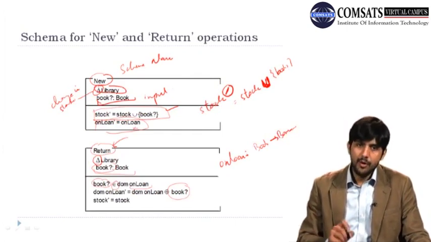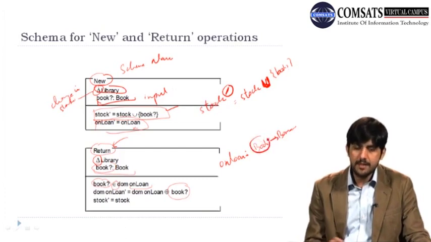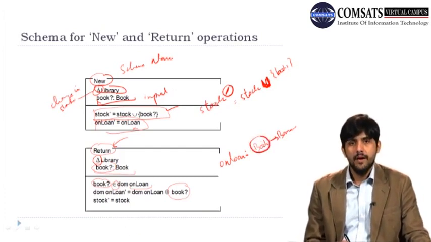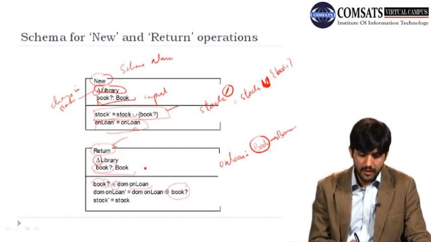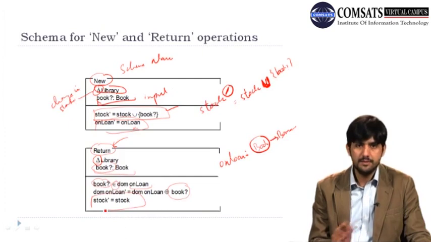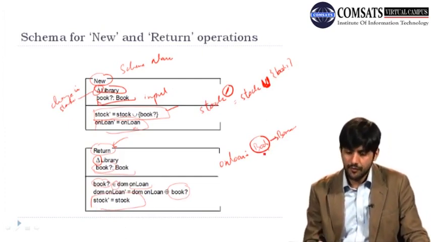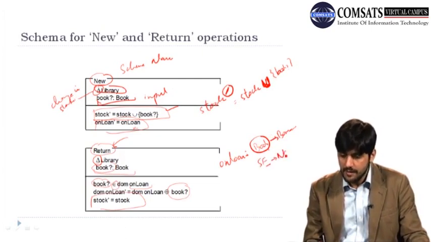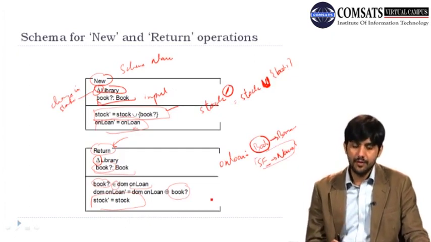But now this book is being returned, and there is no change in the stock, so I'm saying my stock has no change there. But this association, for example, that same software engineering book and let's say Naveed here, needs to get removed.